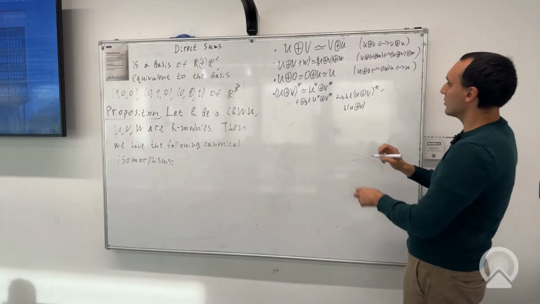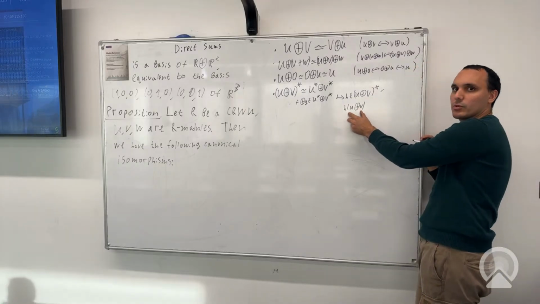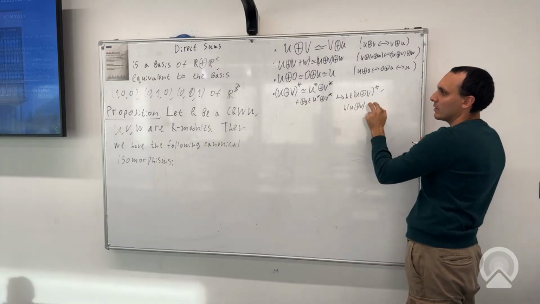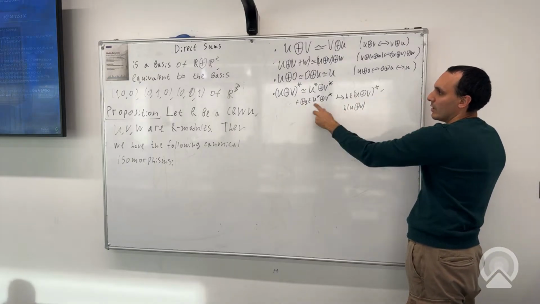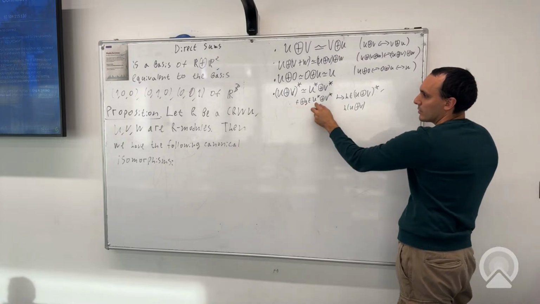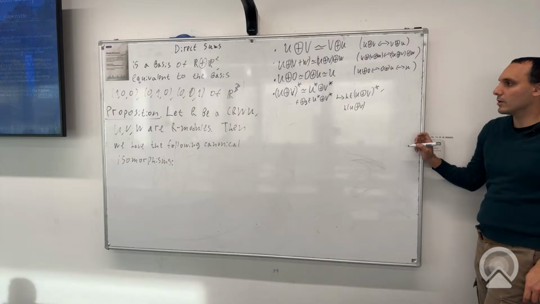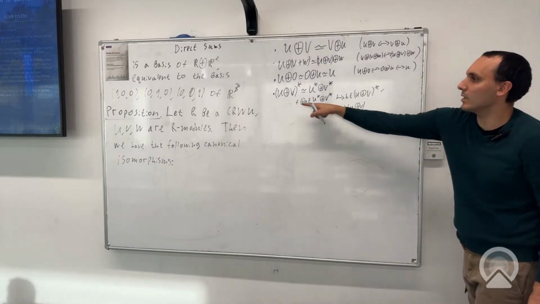How do you suggest what H of U plus V should be? F is some element of U star, G is some element of V star.